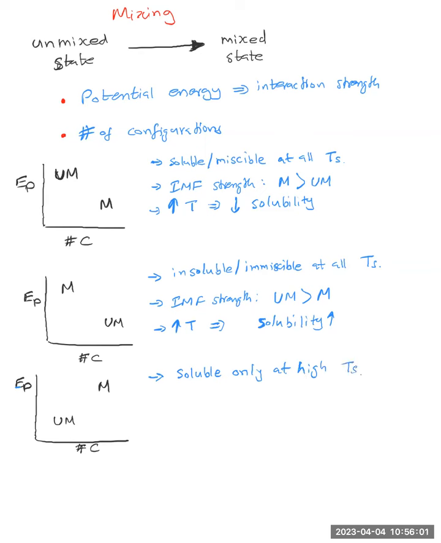Okay, now because there's something else we need to add here. Because you have a higher number of configurations in the mixed state, we know that number of configurations favor the mixed state. Therefore, any system that has a higher number of configurations in the mixed state is considered as generally soluble.